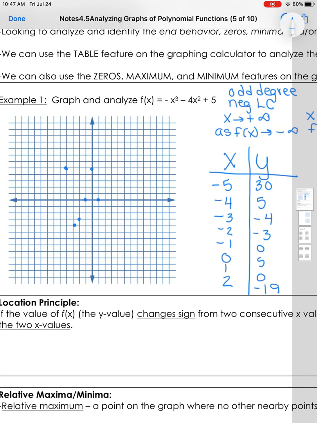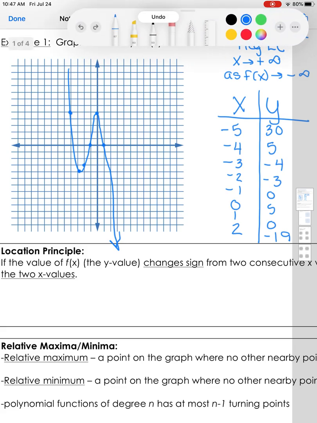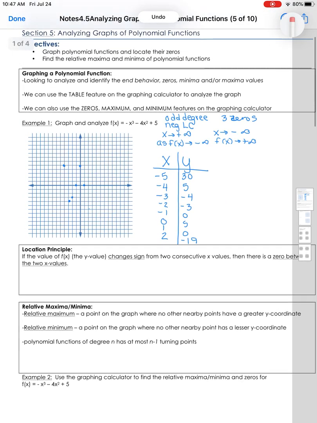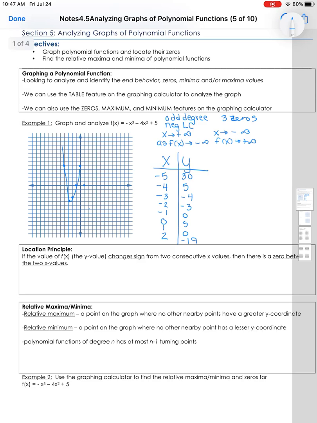So if I blow up the graph slightly, we have 1, 2, 3, 4, 1, 2, 3, 4, 5. And if I just now start to plot points, I'm going to run out of room.